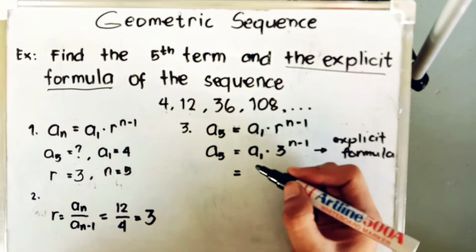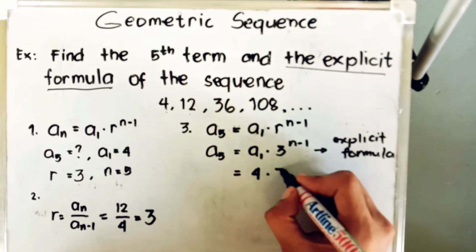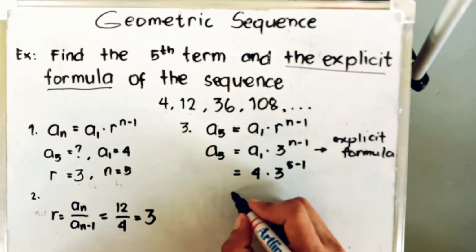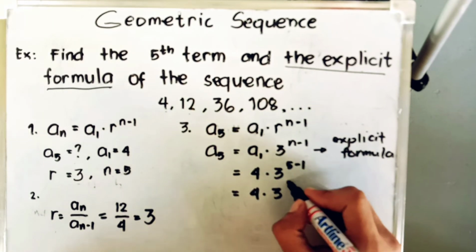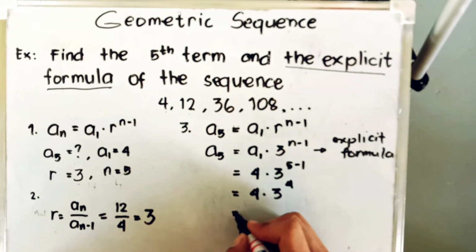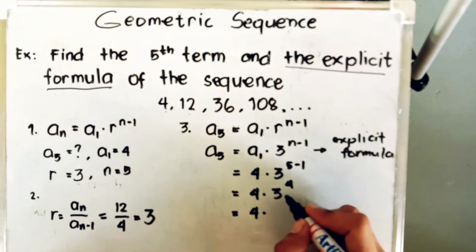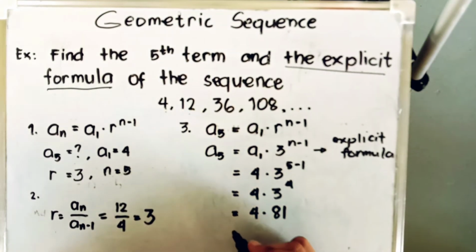After finding the explicit formula, we proceed to find the fifth term. Continue substituting: a sub 1 is 4 times 3 to the power of 5 minus 1. So we have 4 times 3 to the power of 4. Next, simplify. 3 to the power of 4 is 81.